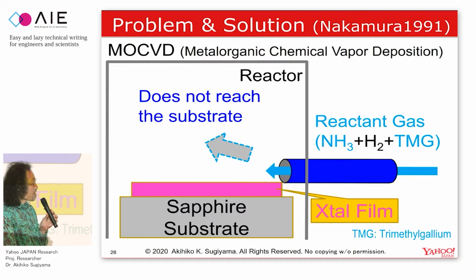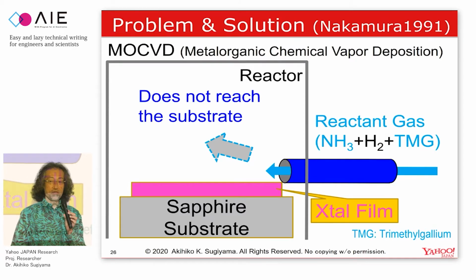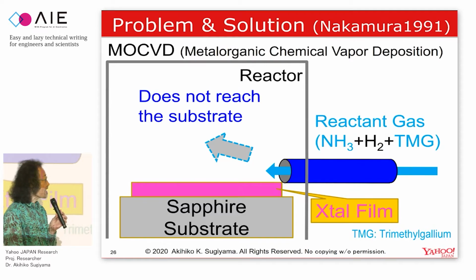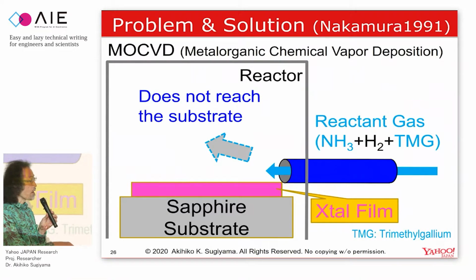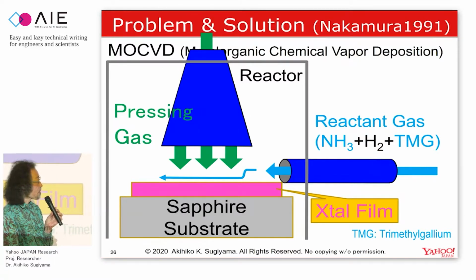The reactant gas sent into the reactor goes up. So the solution proposed by Professor Nakamura is to press down this reactant gas like this, so that it touches the sapphire substrate to form a crystal film. And this is an actual structure.